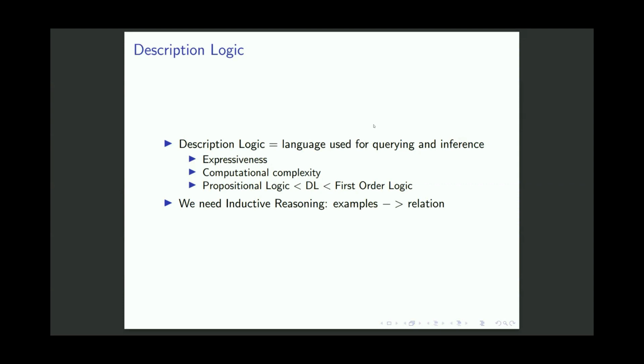It isn't that expensive, but you can just express a few simpler things, not something very complex. On the other hand, first-order logic is very complex. You can express a lot more, but it's very expensive to actually compute and do inference on it. So description logic is like the middle ground, where the trade-off is the best for the ontology use case.